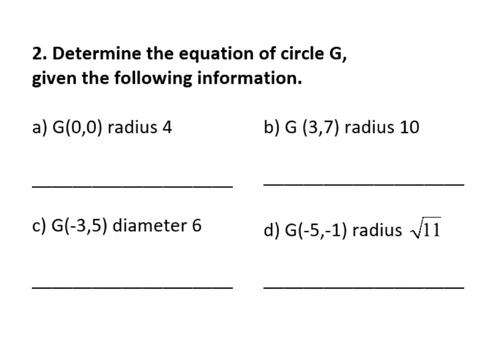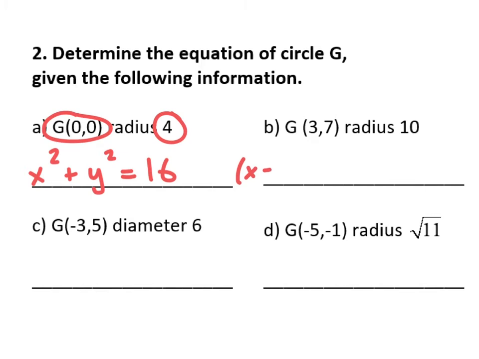The reverse process is not hard at all. If we are centered at 0, 0, that means x squared plus y squared equals 16. Remember, square that number. Here it would be x minus 3 squared plus y minus 7 squared equals 100. Switch up a color here. Let's try this one.